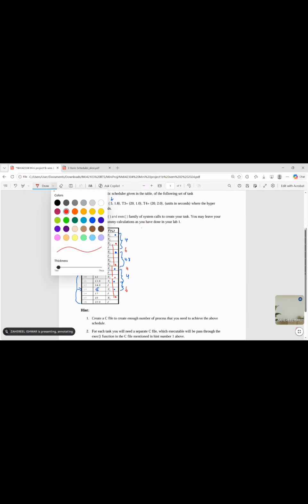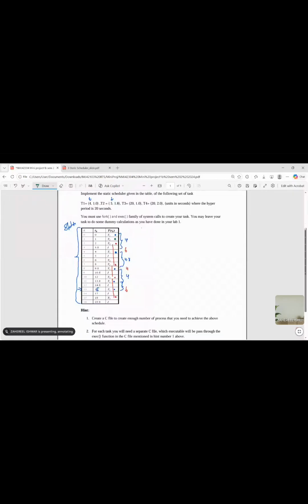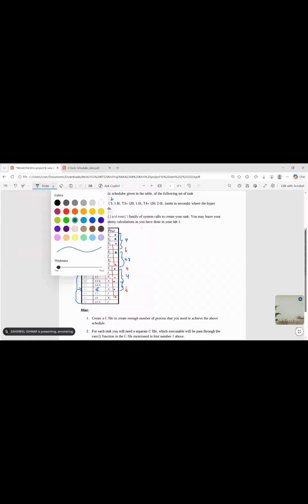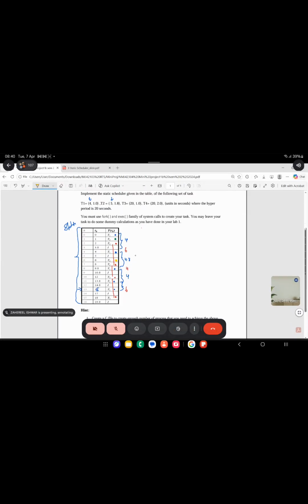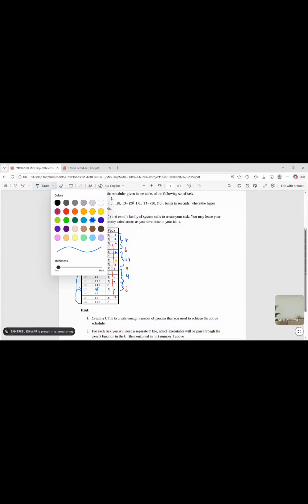Okay, T3 and T4. T3, there's only one T3 in the sequence of 20 because the period is 20, and then T4 is here. All right, so T4, the period is 20. Yeah, we can implement them easily. T4 and T3.